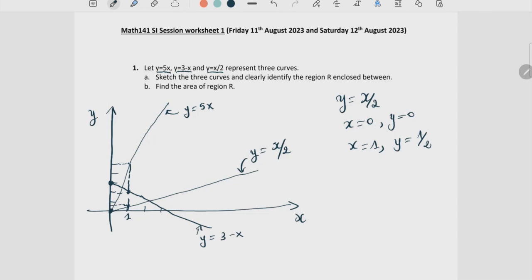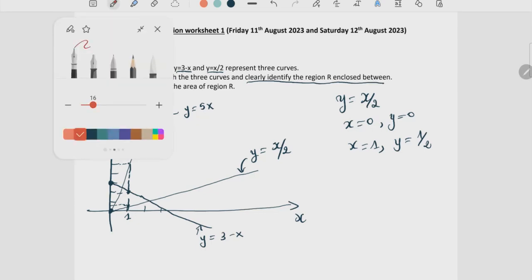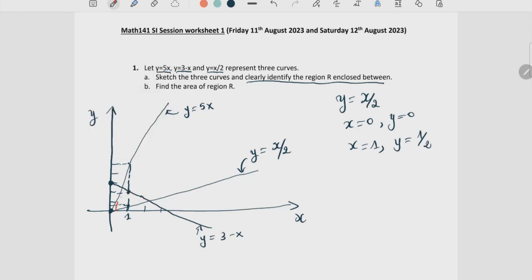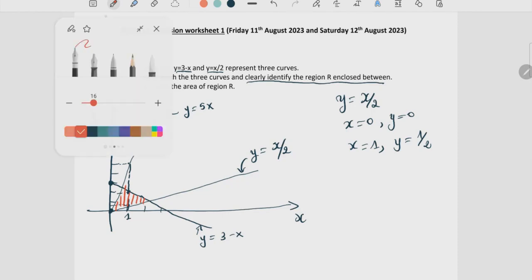Now, the question was we have represented the curves. So now we are asked to clearly identify the region enclosed between the curves. So if we were to choose a different color to identify that, this would be the region right here. And as you can see, this region can be divided into two, right?